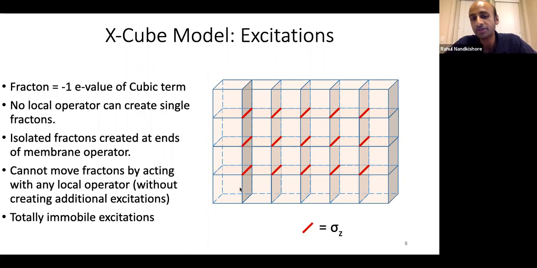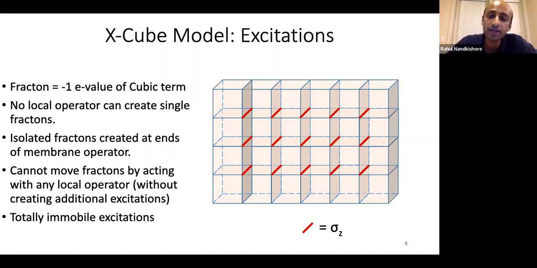Now if you stare at this, you can convince yourself that there's no local operation you can make which moves these individual cubes around. If I act on this link, then this cube becomes happy, this cube becomes unhappy, but there are also 2 more cubes which lie on top of them, which share that link and which become unhappy. So there's no way I can move this one unhappy cube around without creating additional unhappy cubes.